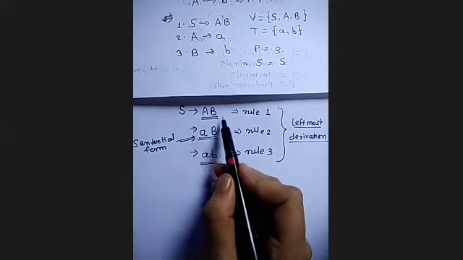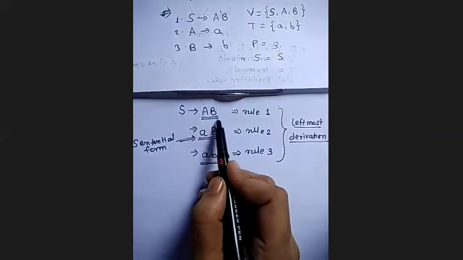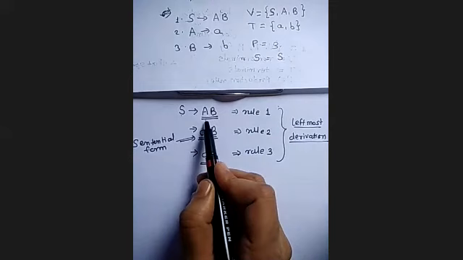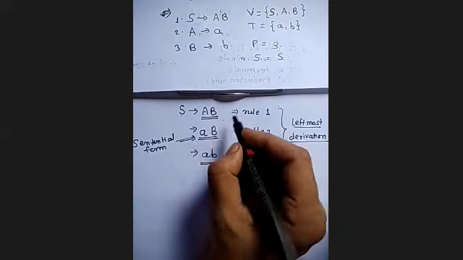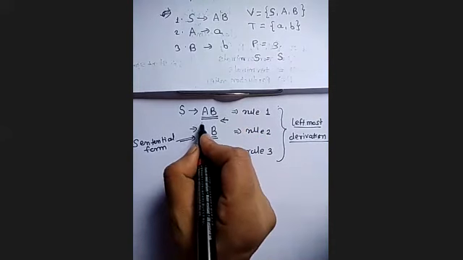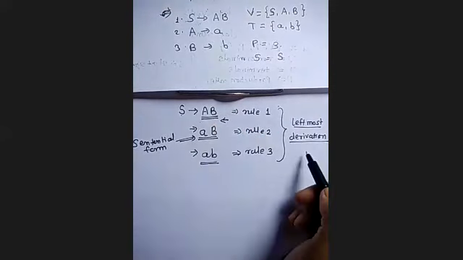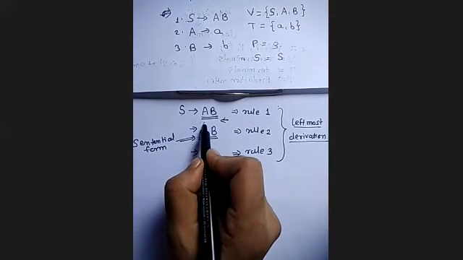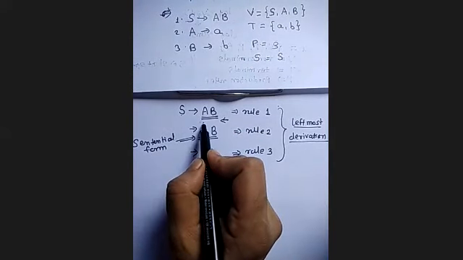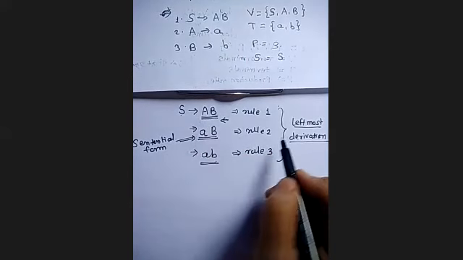See why this is a leftmost derivation. Here you can see S derives AB. Now there are two non-terminals. If you consider from the right side, B occurs first. But if I consider from the left side, A occurs first. So in the leftmost derivation, you always consider the leftmost variable and then apply the rule for that.